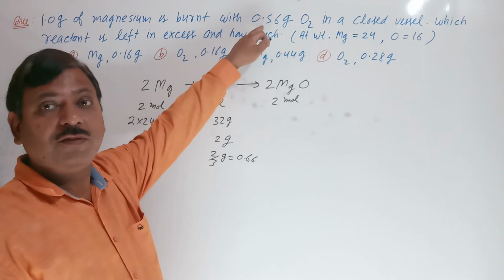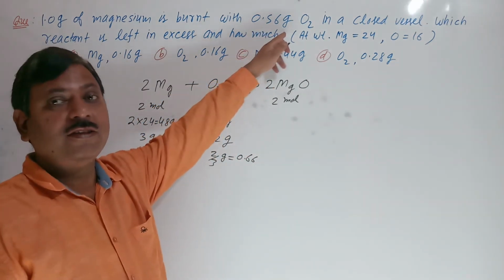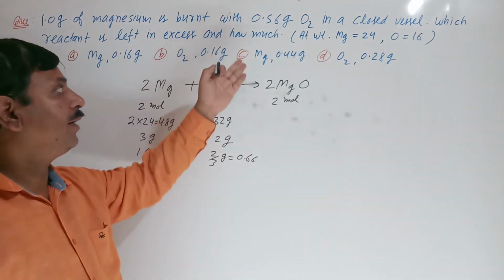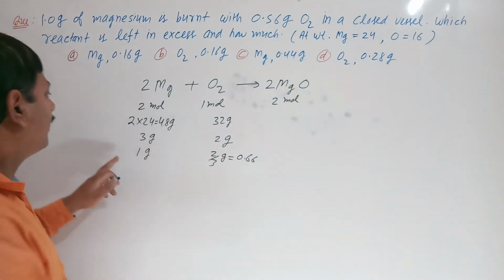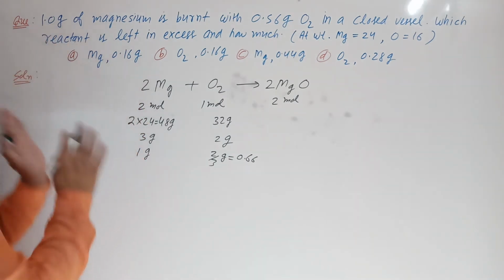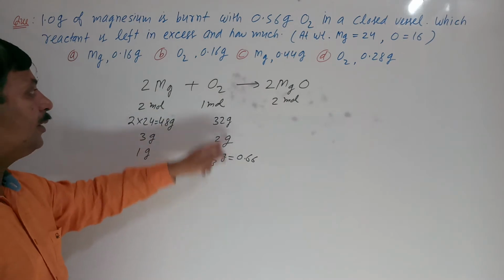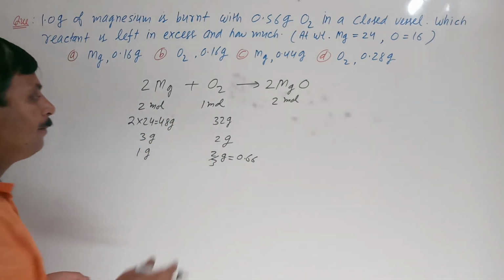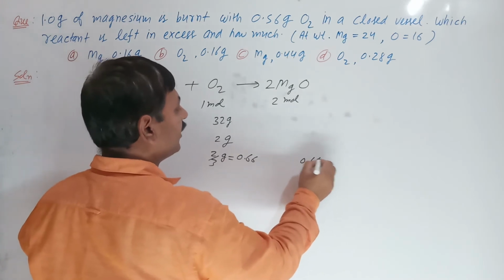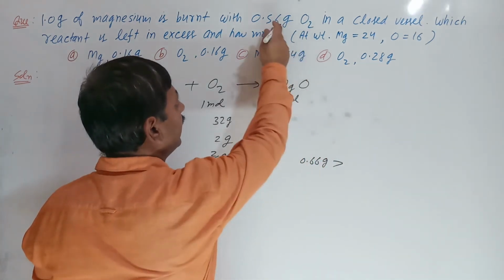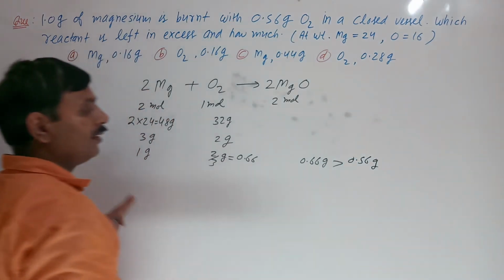Here 0.56 is only. So 0.56 is less than 0.66, meaning the total magnesium given cannot be consumed. So which will be consumed? Oxygen will be consumed. So here one thing is clear, 0.66 gram is needed, more than the given 0.56 gram.